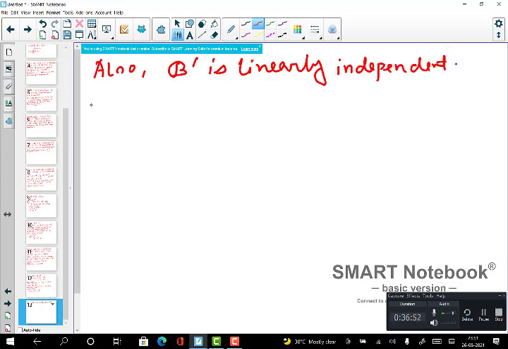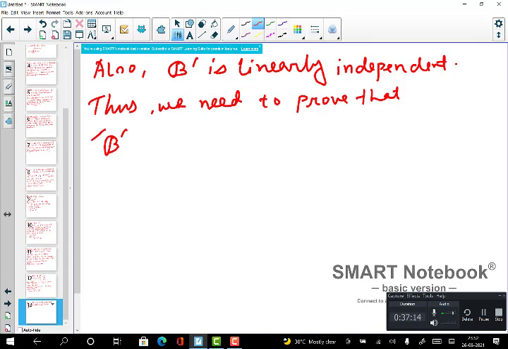So thus we need to prove only that B dash is a spanning set of W naught. Then we are done. Prove that the span of B dash is actually W naught.